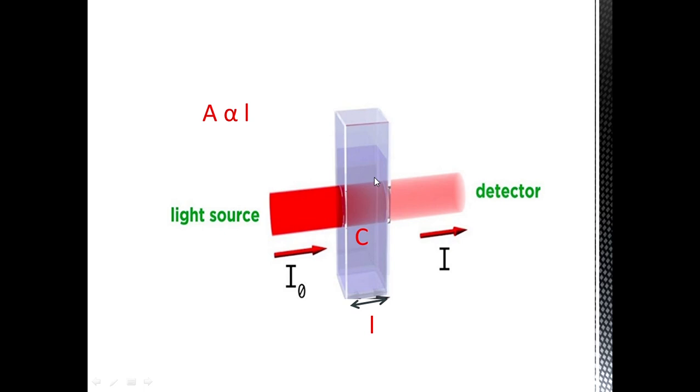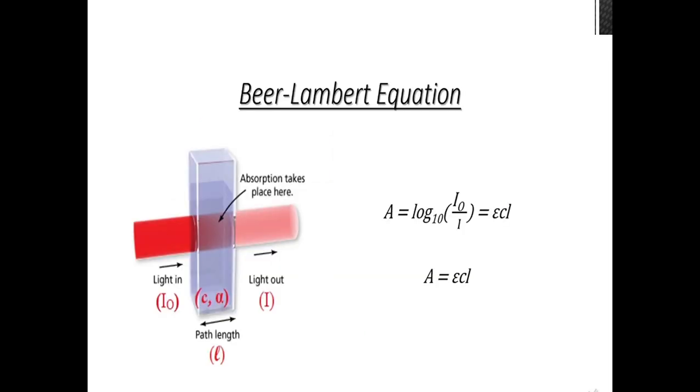So this decrease in transmittance, because of absorbance in the solution, is dependent upon the path length and density of the solution.